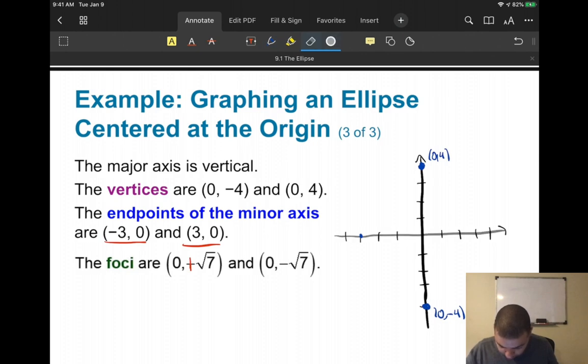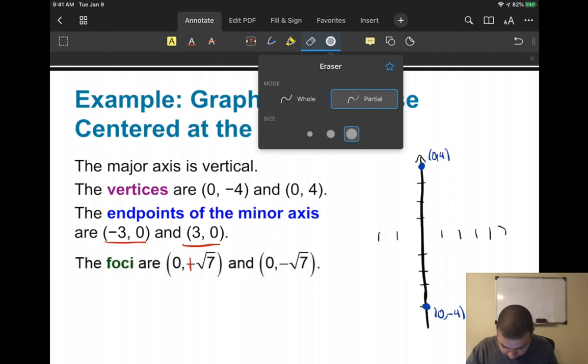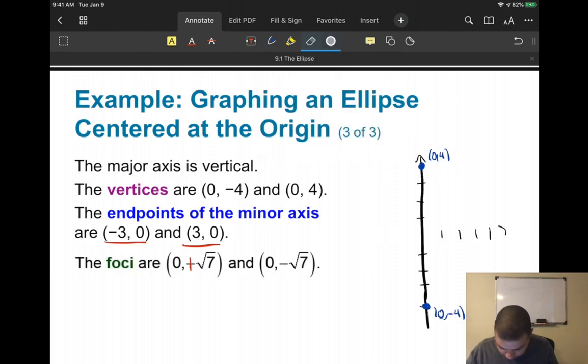I think I can do this better. And then I have the negative 3, 0.